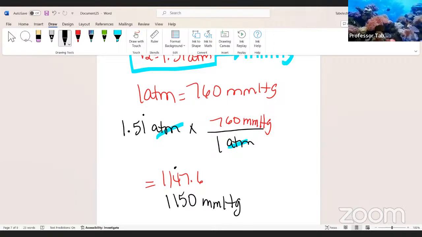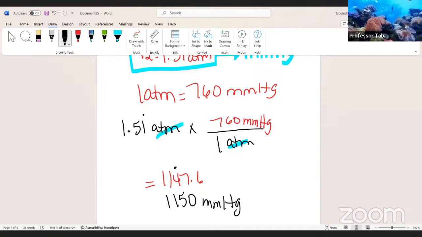And you know what? Let me see. I want to make sure I show y'all something. See right here? Okay, fine.